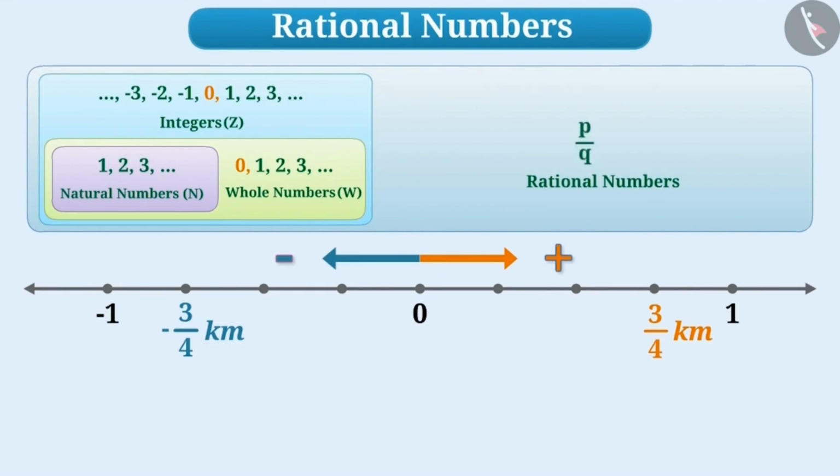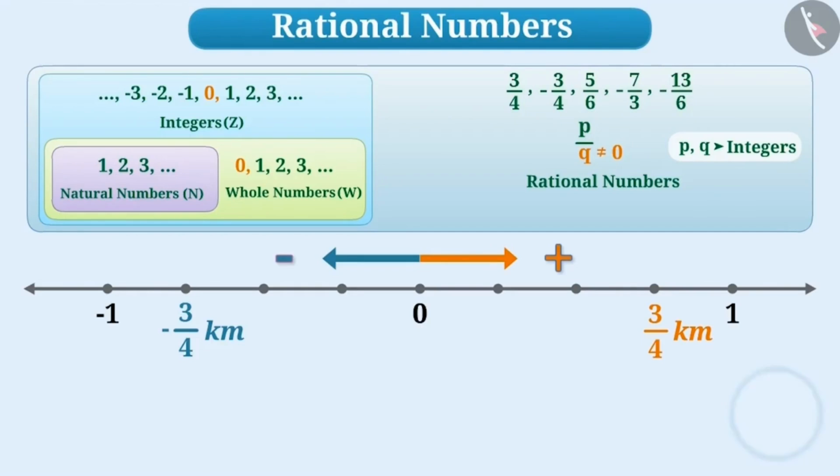Numbers which are represented in the form of p by q, where p and q are integers and q is not equal to 0, are called rational numbers. Other than 3/4 or -3/4, some other examples of rational numbers are 5/6, -7/3, -13/6, etc. Please note that an integer is also a rational number.